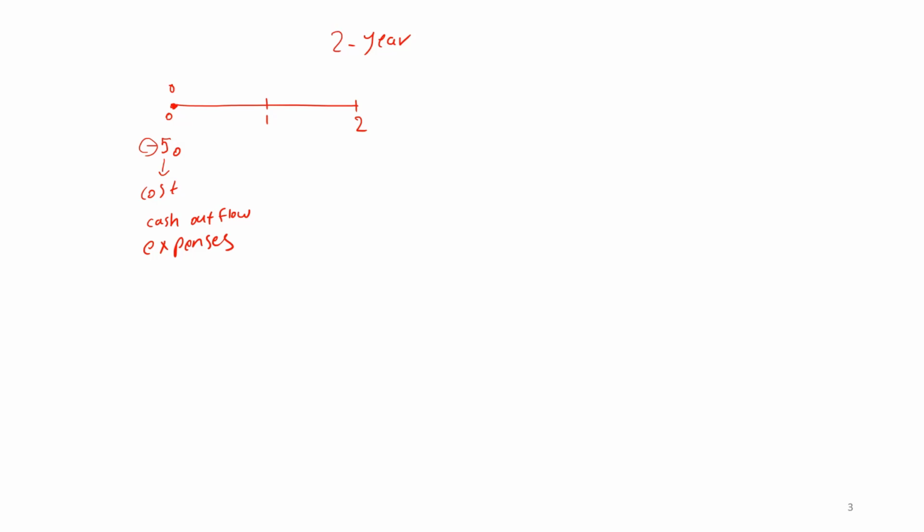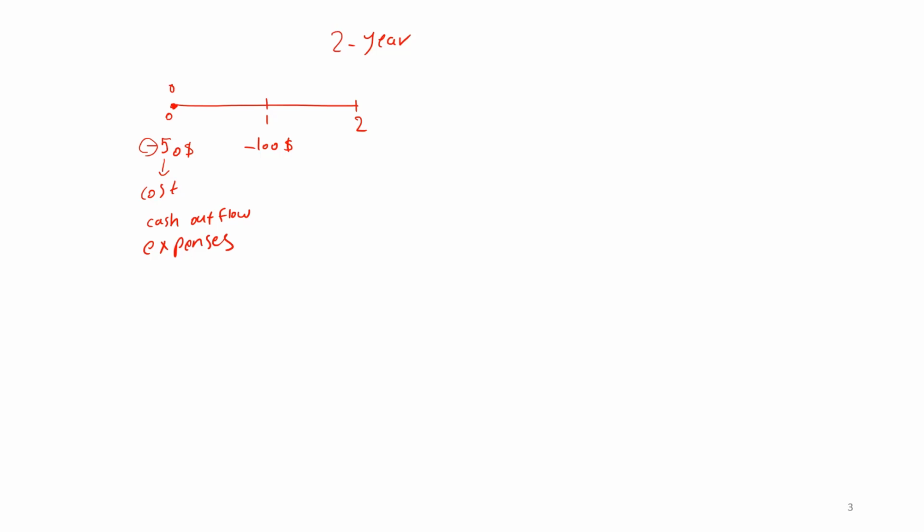Next year, after 1 year, imagine you need to spend another $100. So here $100 is cost or cash outflow or expenses. Imagine after 1 year you have now some income, a benefit.